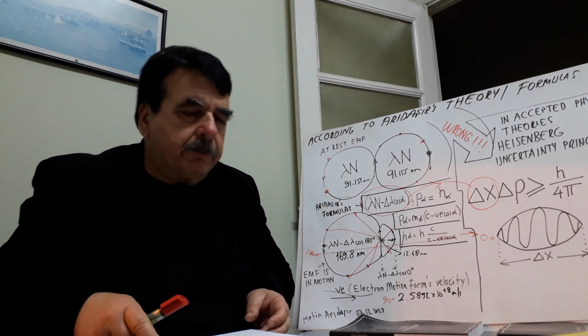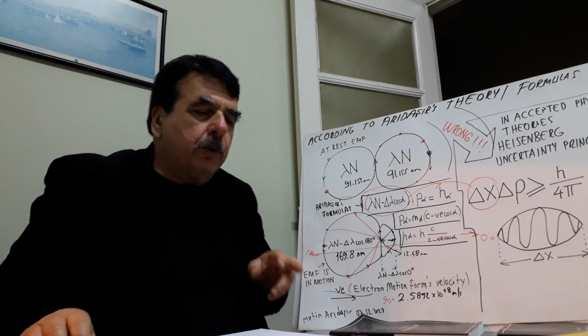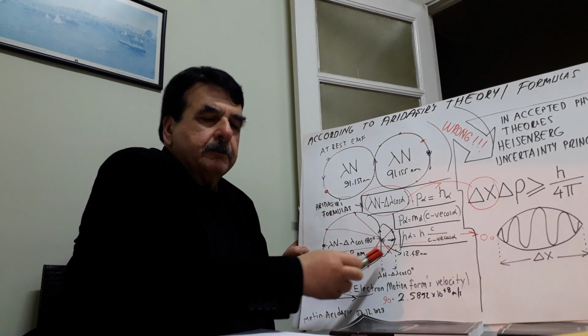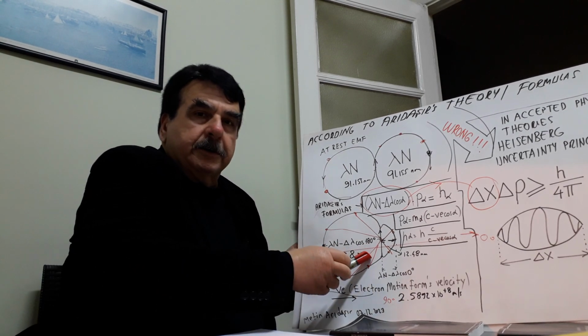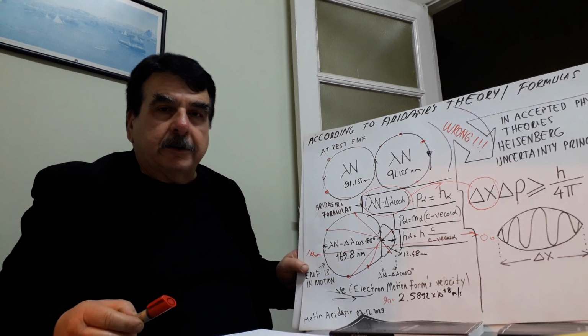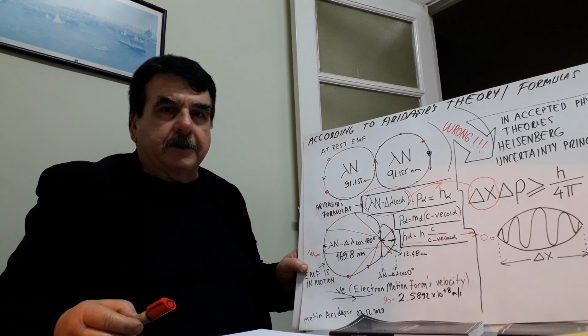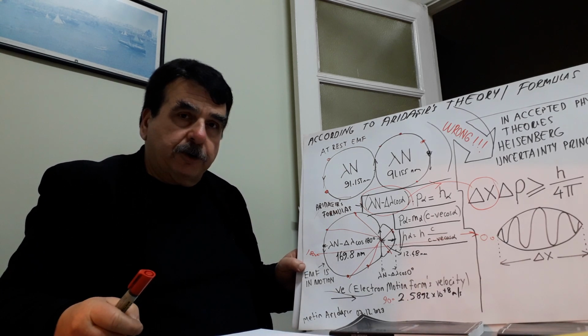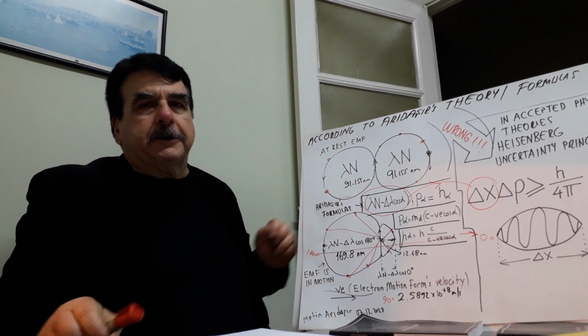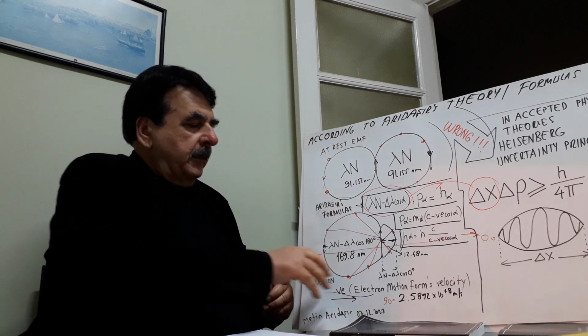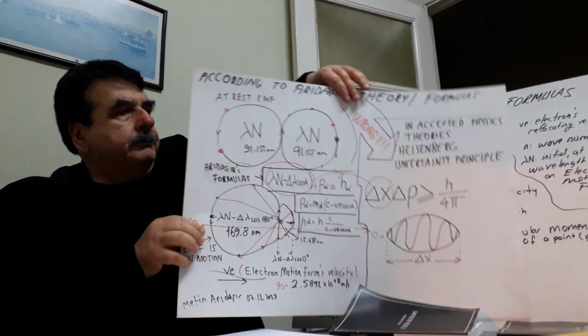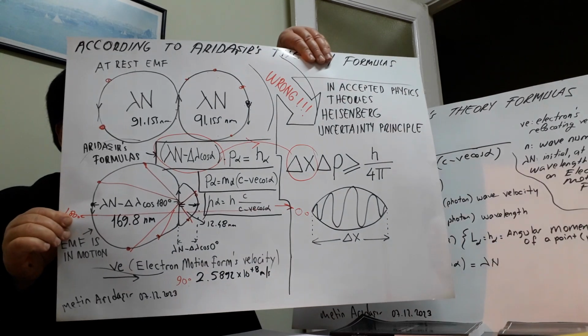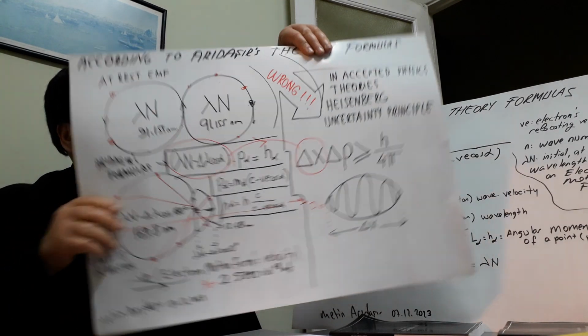As I showed you before, we can know each point's point wavelength. It means position and momentum simultaneously. Here, snapshot.